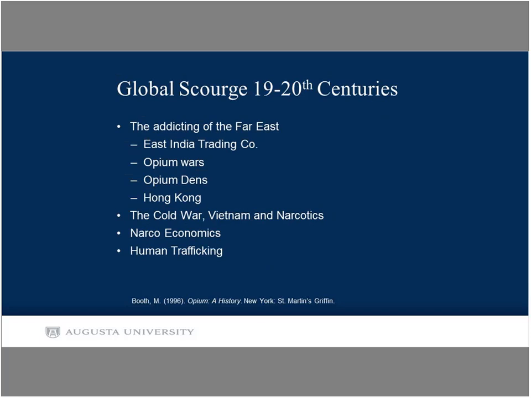So it became a global scourge in the 19th and 20th centuries through the East India Trading Company, who essentially traded opium with China in exchange for tea and silk and other goods that they could resell in Europe. It's heavily used throughout Vietnam and the Cold War.